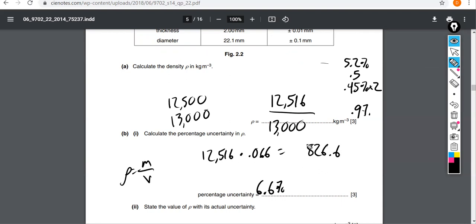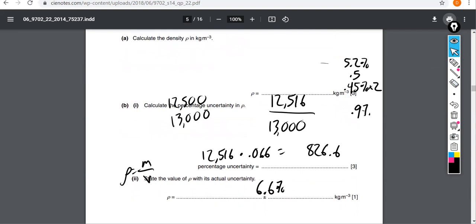So then I say, okay, that's the hundreds place. So I can rewrite this finally: 12,500, right? Round it to the hundreds place, plus or minus 800.